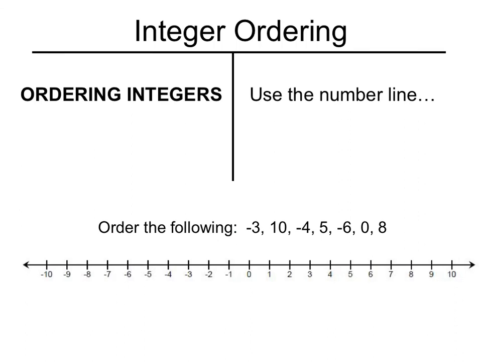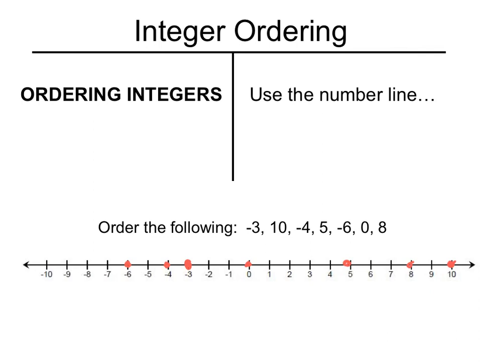We can also use the number line to order our integers. We're going to do that just by plotting the numbers right on the number line and then writing them down in the correct order. So I'm going to start with negative 3. I've got 10, negative 4, 5, negative 6, 0, and 8.